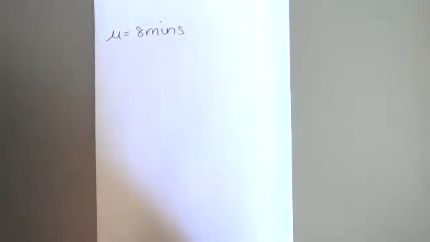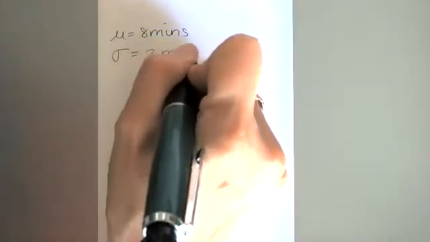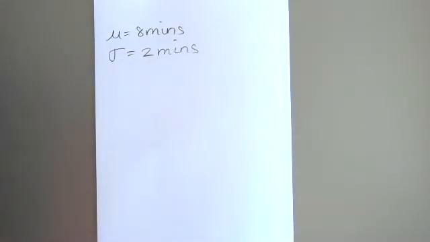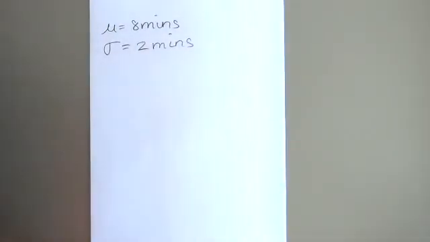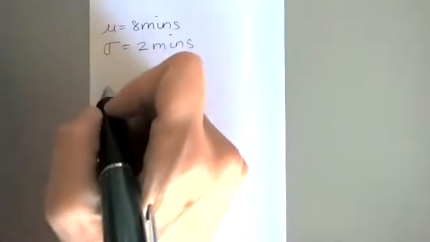It says, a busy time to visit a bank is during its Friday evening rush hours. So this is old, now everybody banks online, it's no problem. For these hours, the wait times at a drive-through window are normally distributed with a mean of 8 minutes and a standard deviation of 2 minutes. You have no more than 11 minutes to do your banking and still make it to your meeting on time.